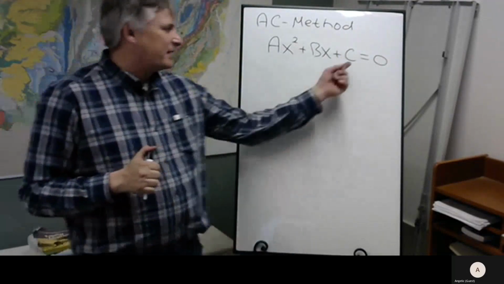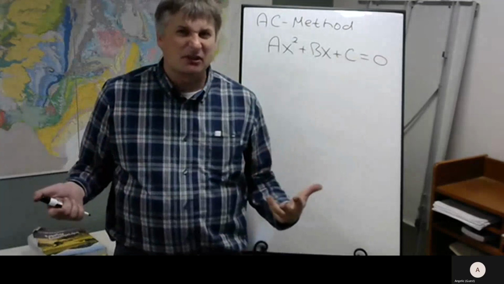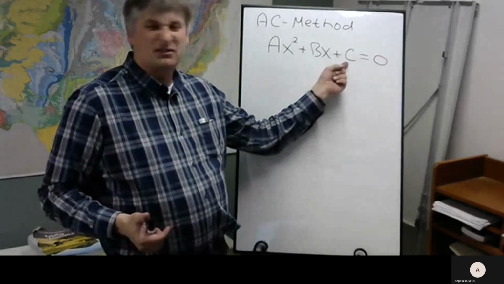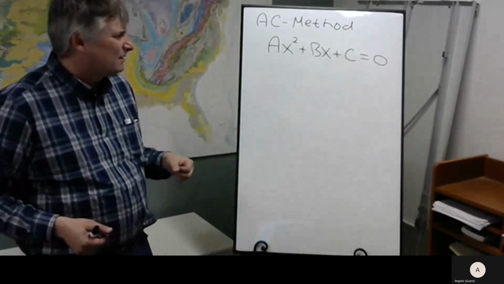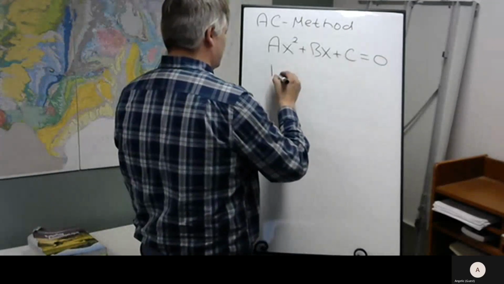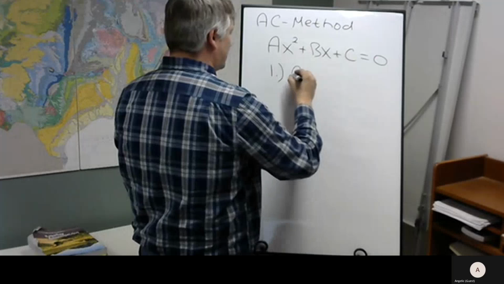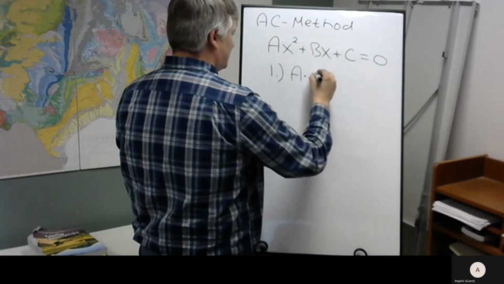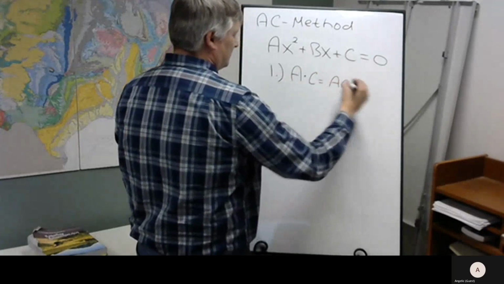And you've got a number here, so you can't do any factoring or factoring out a variable. This isn't equal to 0. So what we're going to do, we're going to do this first. We're going to take the product of A times C, which is just AC.